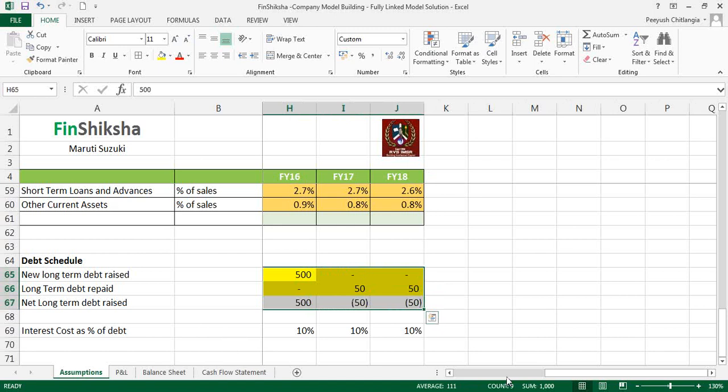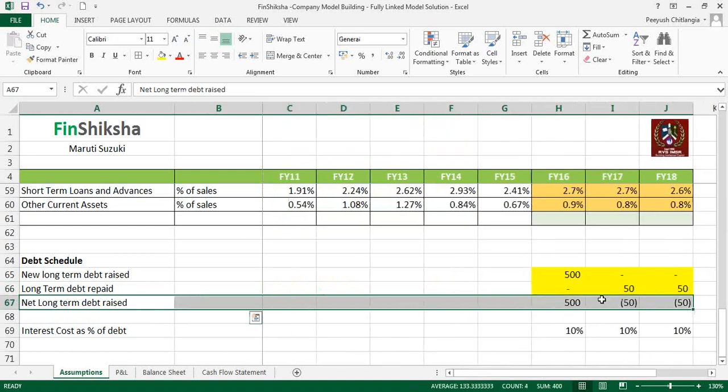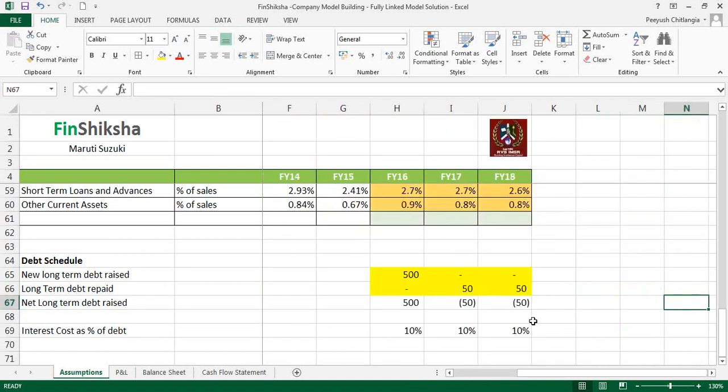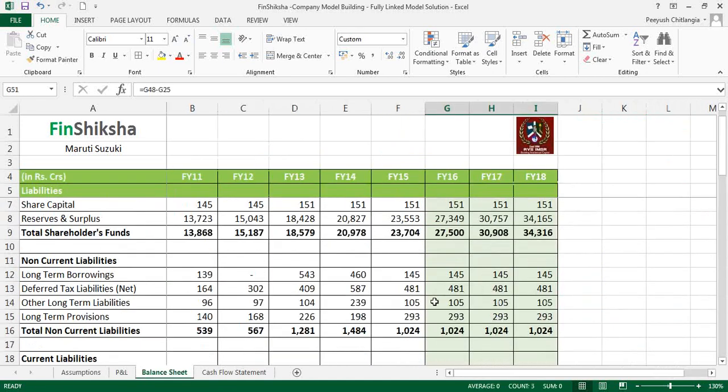Now, this obviously needs to get incorporated into the numbers. We have not yet incorporated it. So this net long-term debt raised has to somehow get incorporated into the sheet of the data where the debt data is there. So that's the balance sheet data.